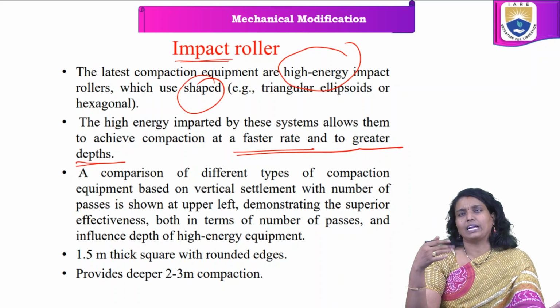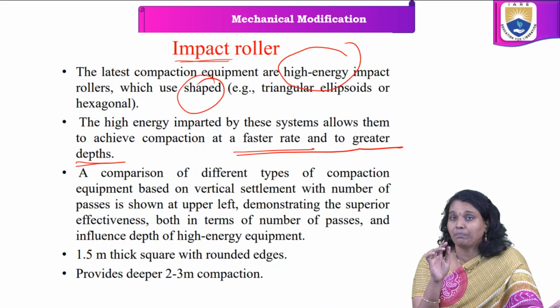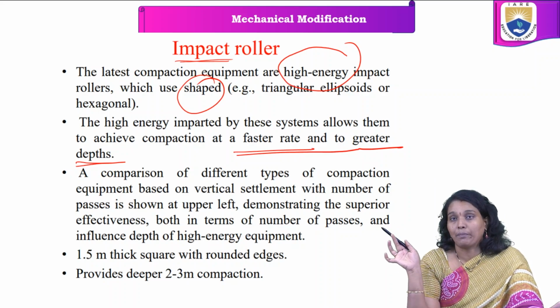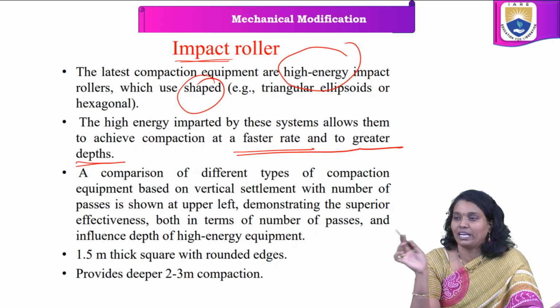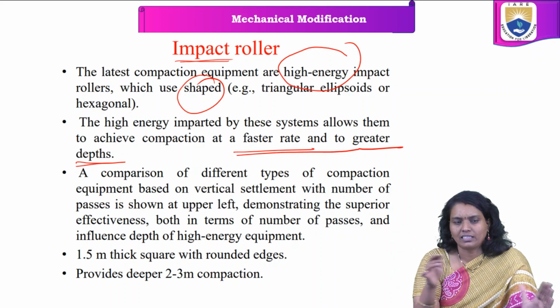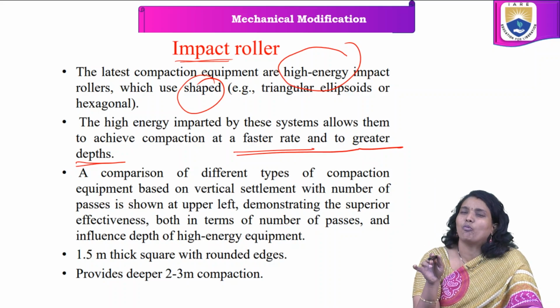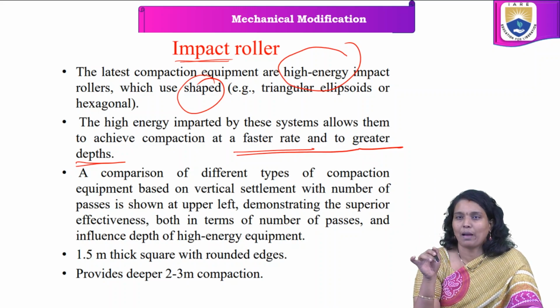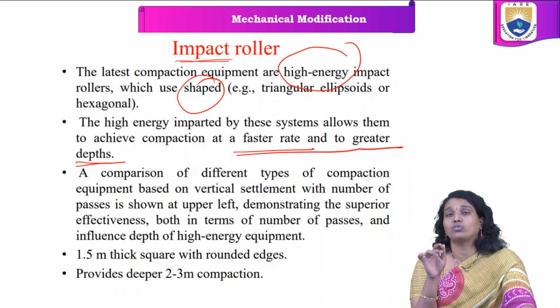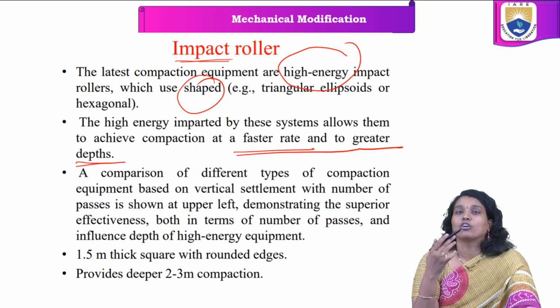We have to consider how much depth is going to reduce based on the number of passes, how many times the roller passes over that selected region or location. So which type of roller, how many times it passes, and how much vertical settlement happens is one of the major factors we have to consider for understanding compaction.